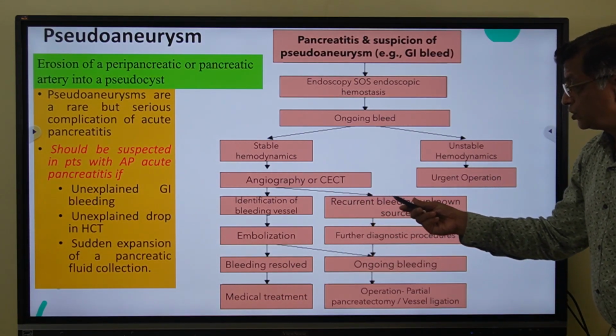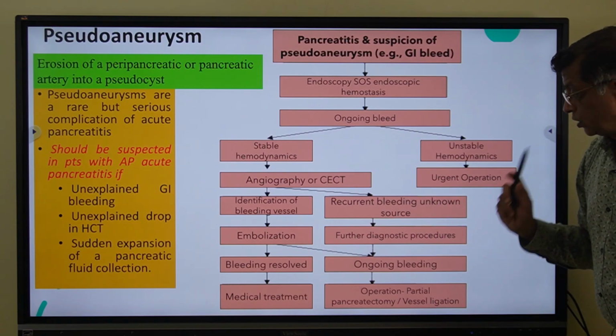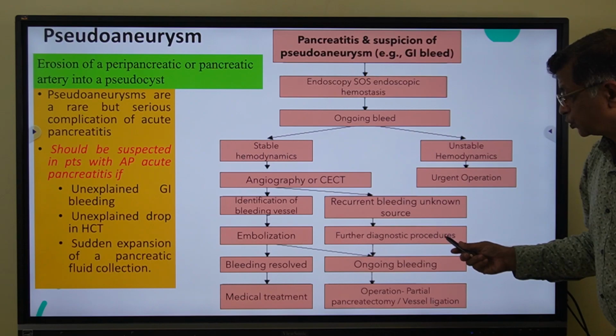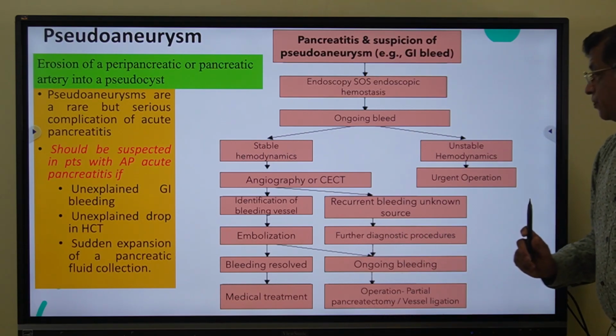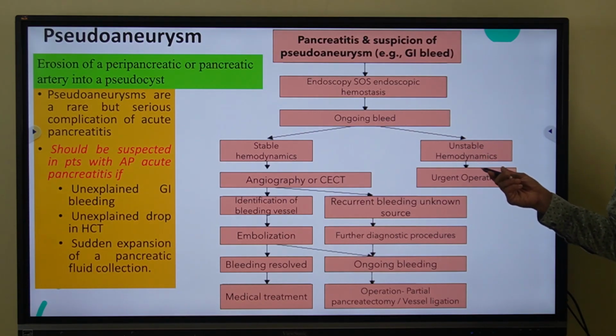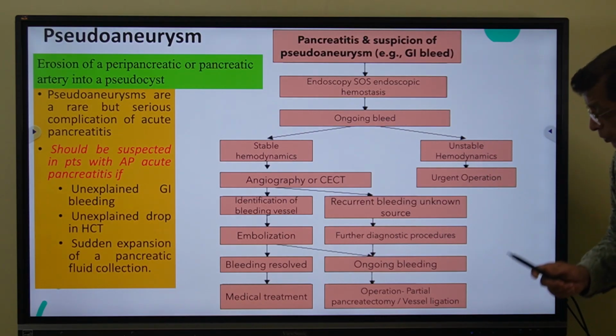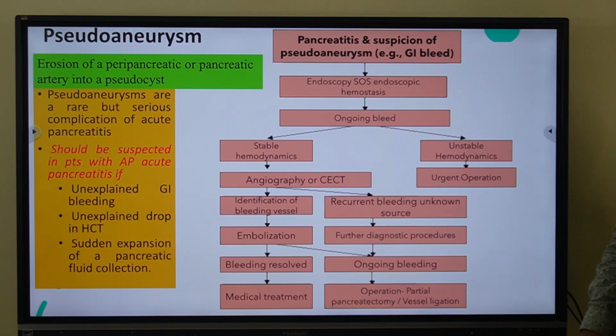If you do not see a specific bleeder, with recurrent bleeding but the source unknown, then further diagnostic procedures. If there is ongoing bleeding, then the last resort is surgery. If the patient has unstable hemodynamics, then the patient requires urgent operation. What operation? Partial pancreatectomy or vessel ligation.